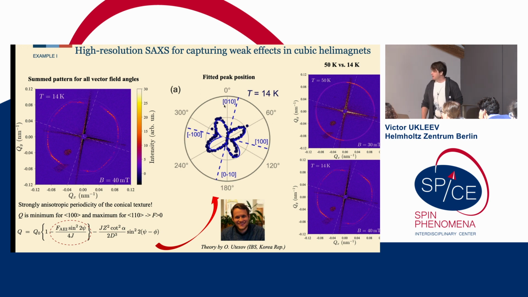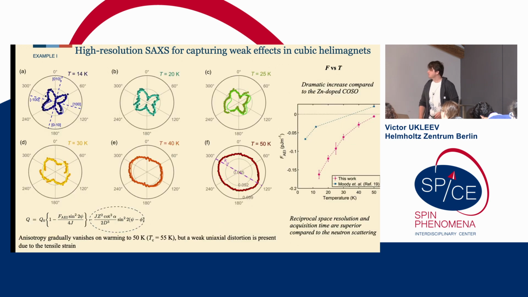And we directly apply the theory that we presented before, and we have only one fitting parameter, and we can quantify this anisotropic exchange parameter. And we find also that it's temperature dependent: it really appears at low temperature and goes away at high temperature.